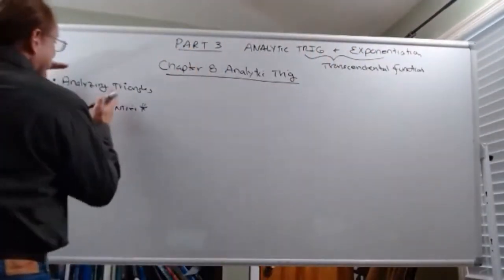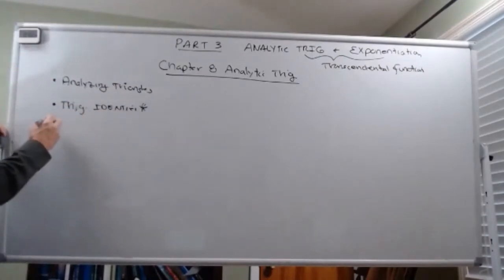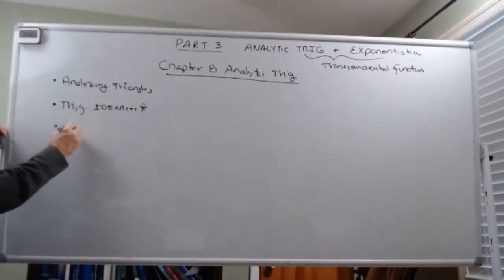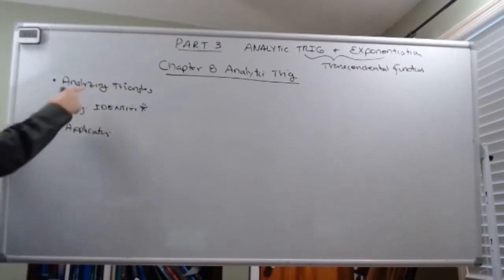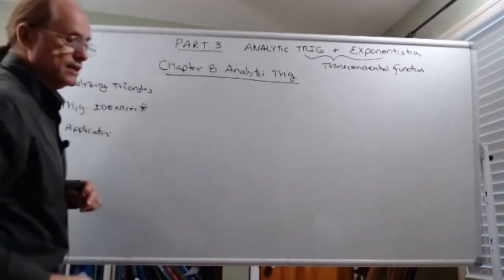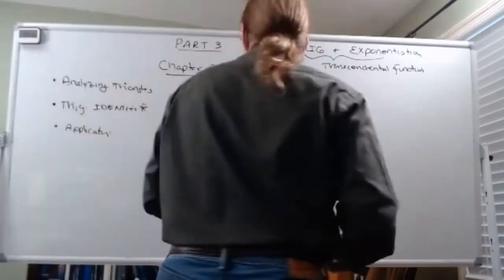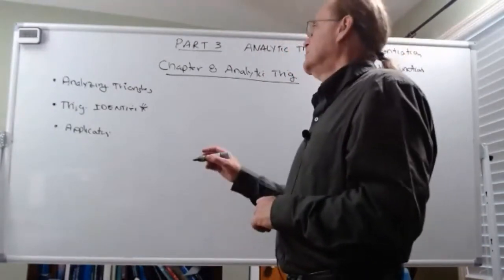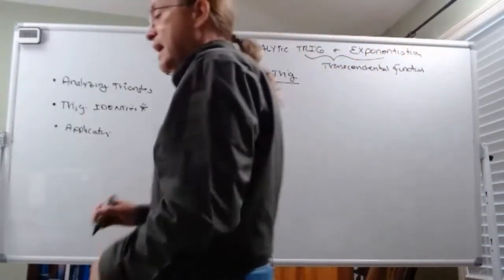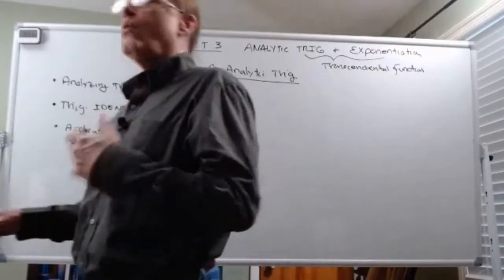So we'll be looking at those sort of things. And then this is the techniques, and then we're going to be looking at applications of this. So that's what we're going to do in chapter 8. We're going to be analyzing those sort of things as we step forward. Okay, so let's start with the first topic we're going to cover, and this is 8.1, and it's something you are probably all familiar with.